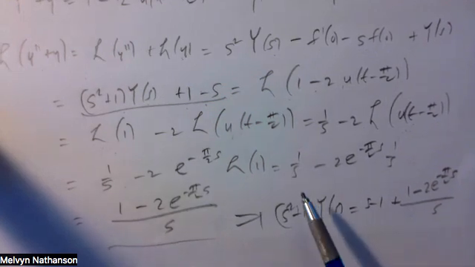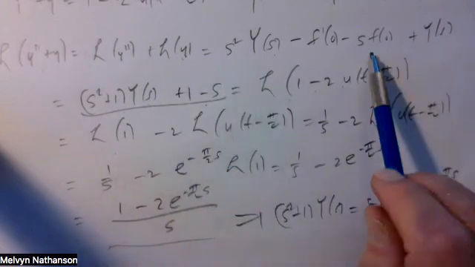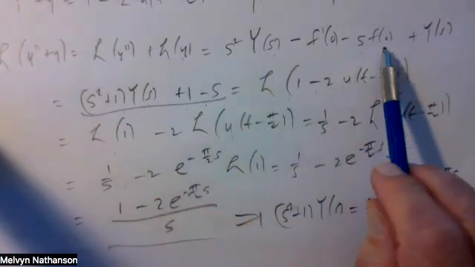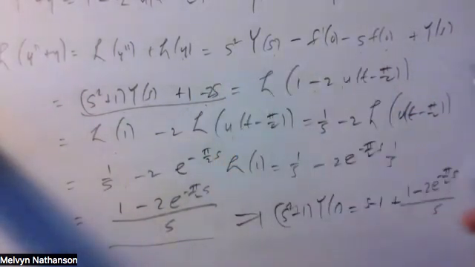And let me just double check one thing. Ah, yes. This is s f of naught. F of 0 is 2, so this should be a minus 2s. Good.